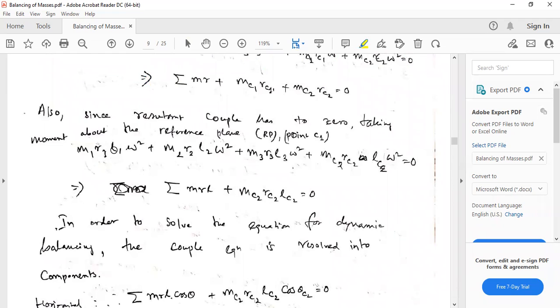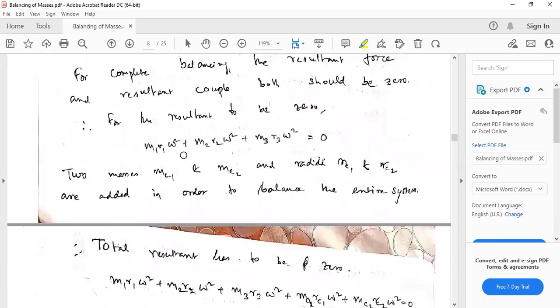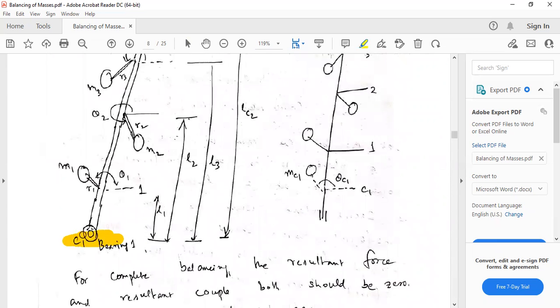Similarly, we take couple about a point, a reference plane. Now you see we take this as the reference plane. About this, this is the force, right? So what is the force here?